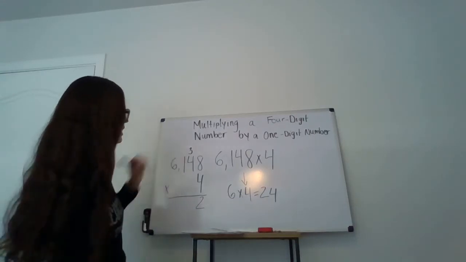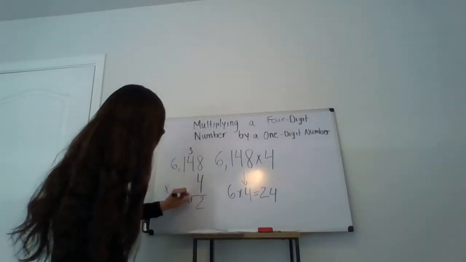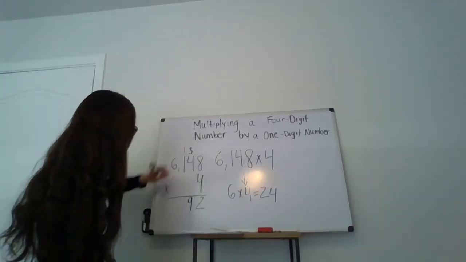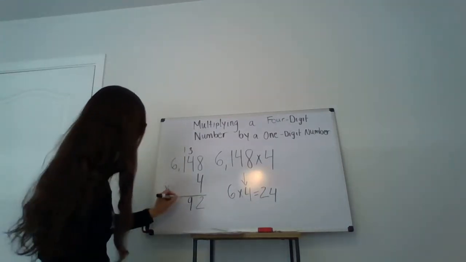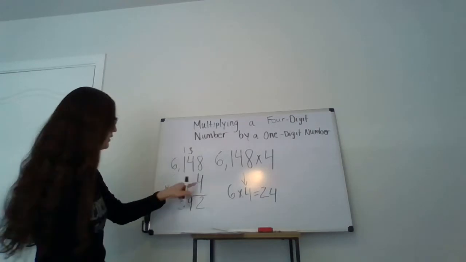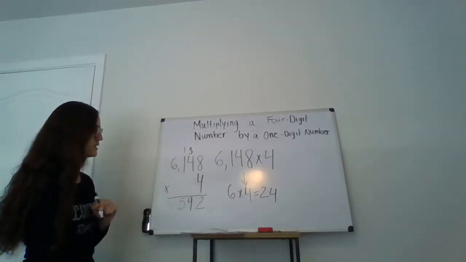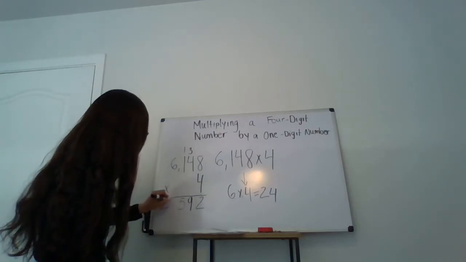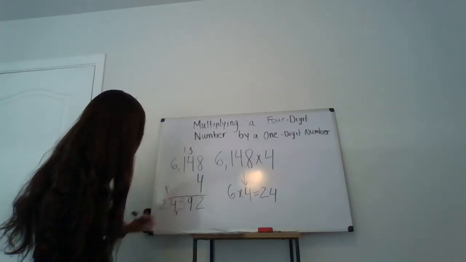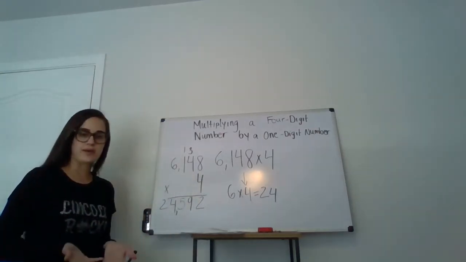You got it. Plus 3 is 19. You got it. Drop the 9. Carry the 1. 4 times 1 is 4. Plus the 1 is 5. 4 times 6 is 24. You got it. And you just slide that down. So we were correct.